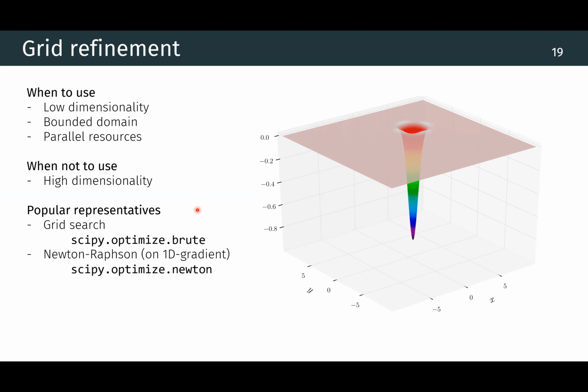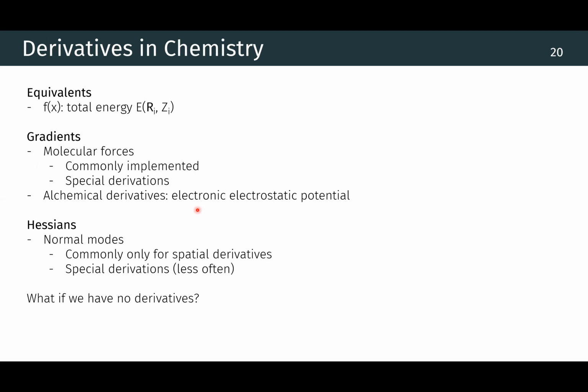Okay, so we talked about the different optimization methods there are, and we talked about Hessians and gradients. And they do exist in chemistry, both of which.